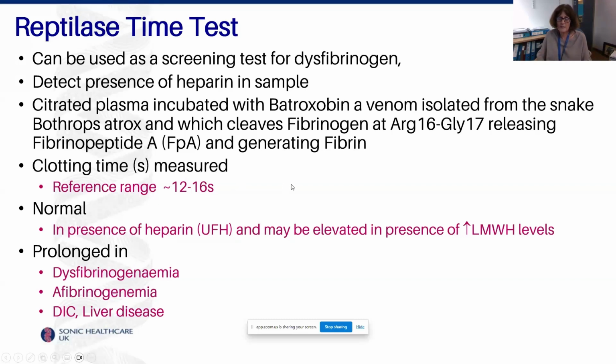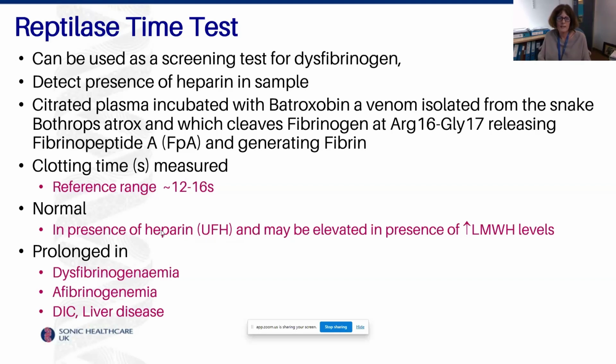We mix the patient's plasma with the venom, and a normal clotting time is about 12 to 16 seconds. But when the patient is on unfractionated heparin, you have a prolonged thrombin time but a normal reptilase time.